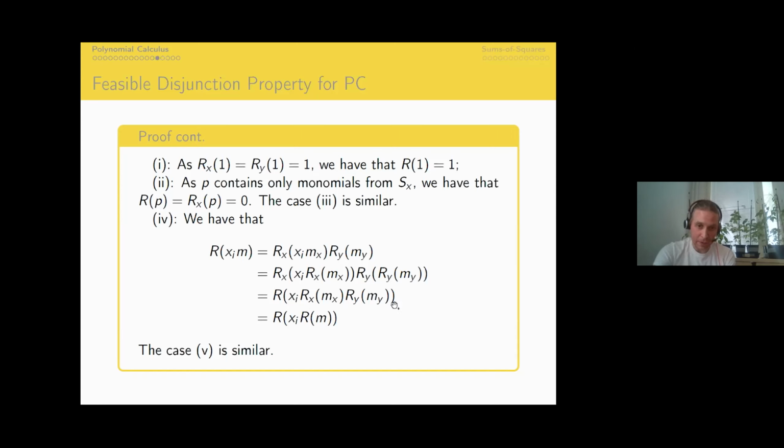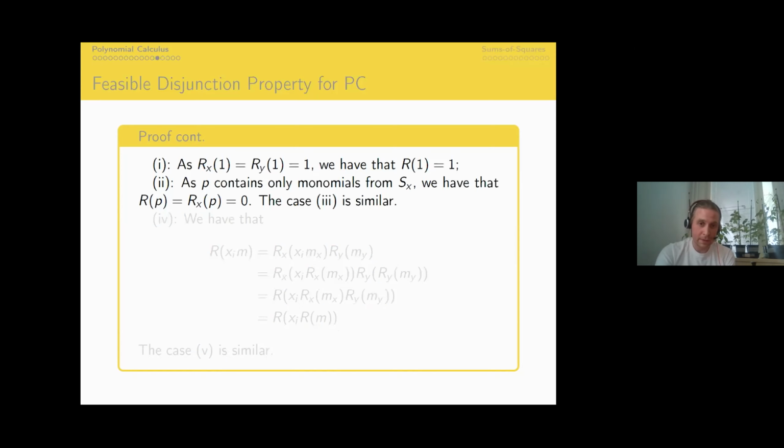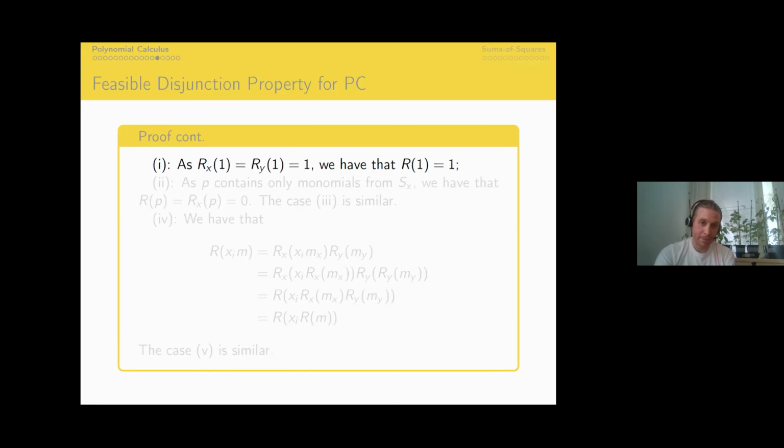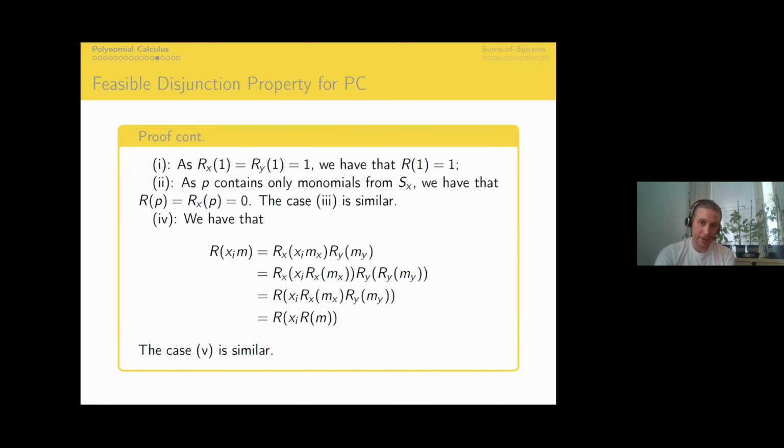And now, by definition, this last part here is R of m. So we get this commutativity property. That's really the whole proof of the disjunction property.